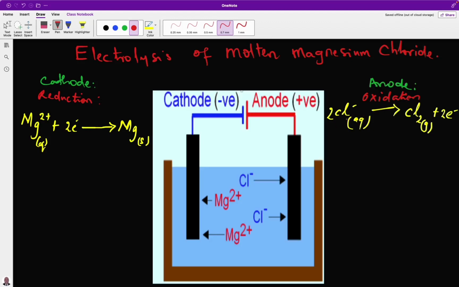The chloride ion will lose electrons to form chlorine and release chlorine gas. Meanwhile, at the cathode, the magnesium ion will gain electrons to be deposited as magnesium solid.